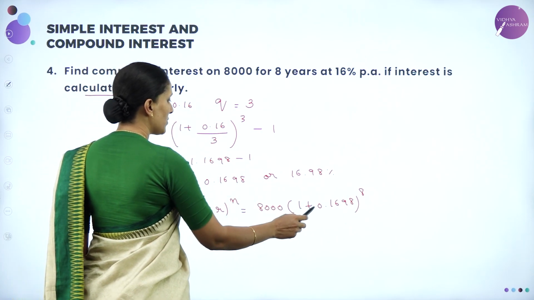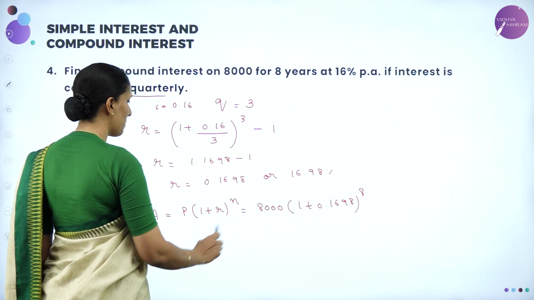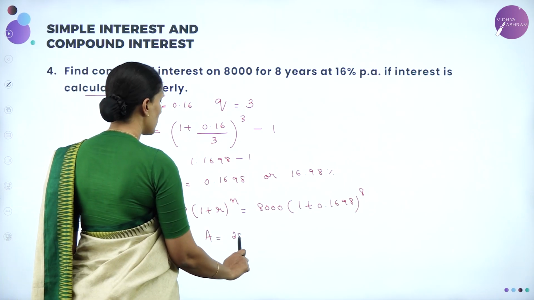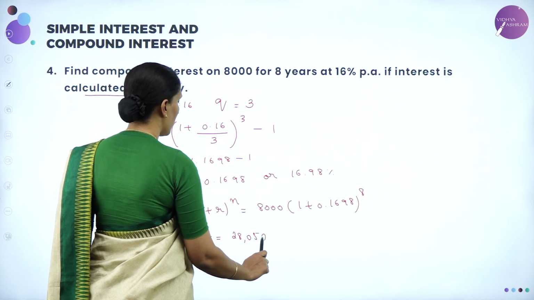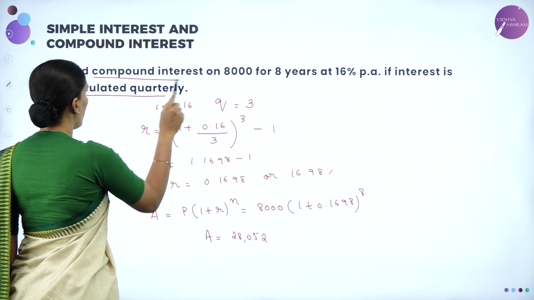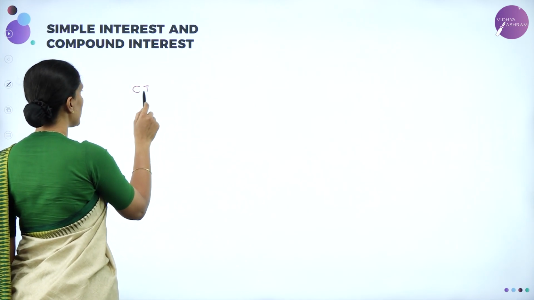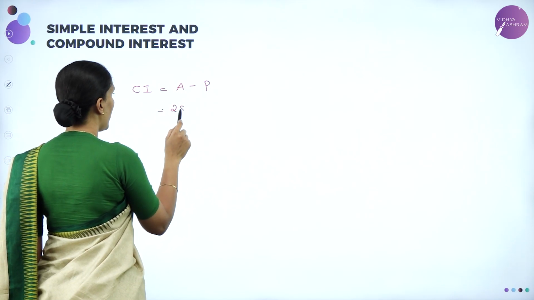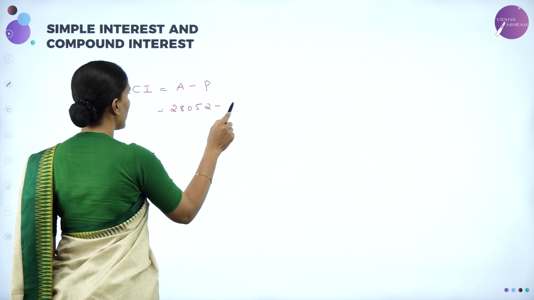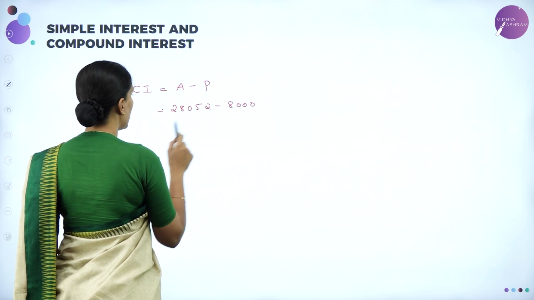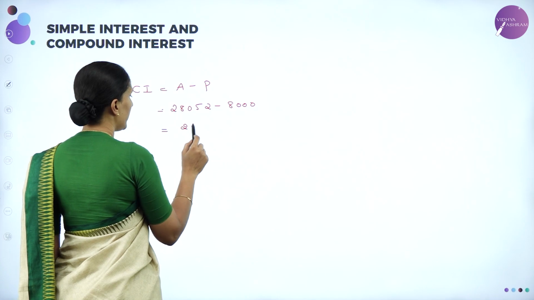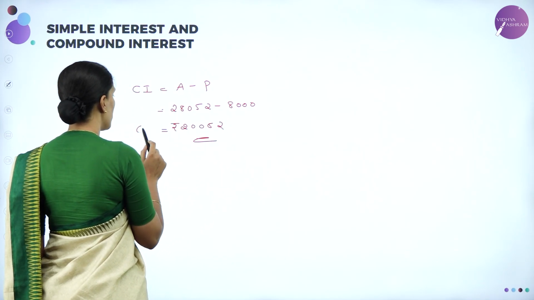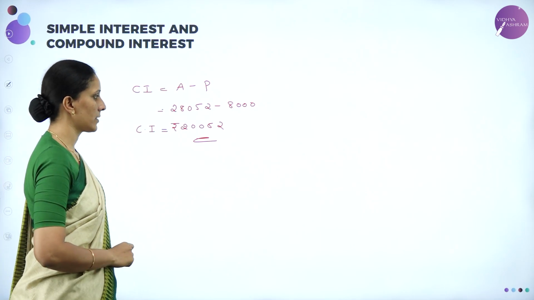So multiplying this value 8 times and then multiplied with 8,000, the amount will be 28,052. We need to calculate the compound interest. So compound interest is equal to amount minus principal, which is 28,052 minus 8,000. So that is equal to 20,052 in terms of rupees. So this is the compound interest.